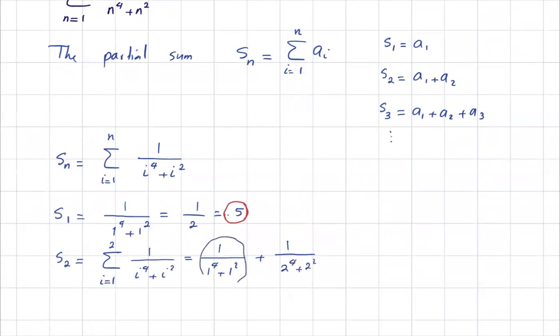But the first quantity is already the one that you had from S1. So you have S1 plus this new quantity: 0.5 plus 1 divided by 16 plus 4, or 0.5 plus 1 divided by 20. Let me use a calculator because it takes time. Using your calculator, S sub 2 becomes 0.55. This is my second value.